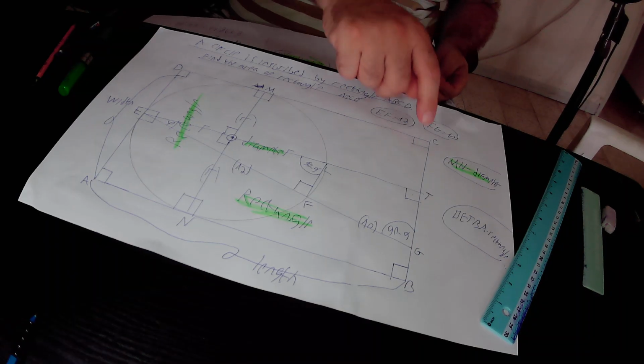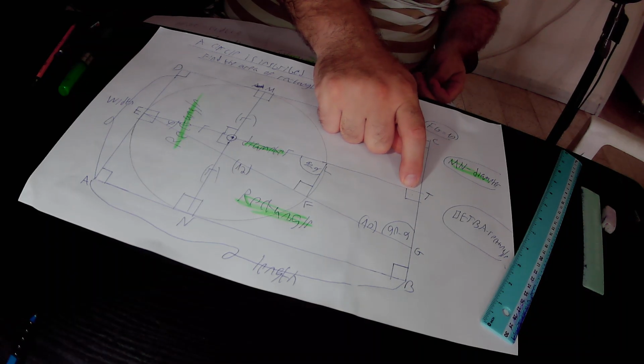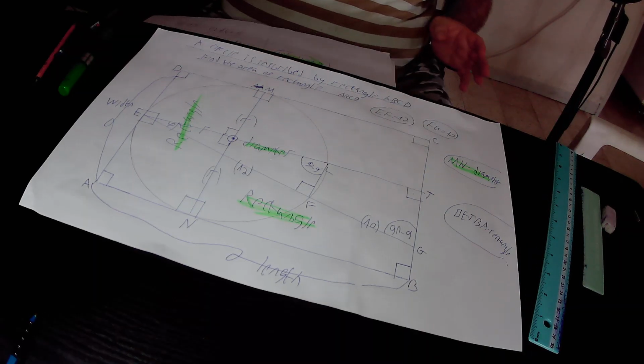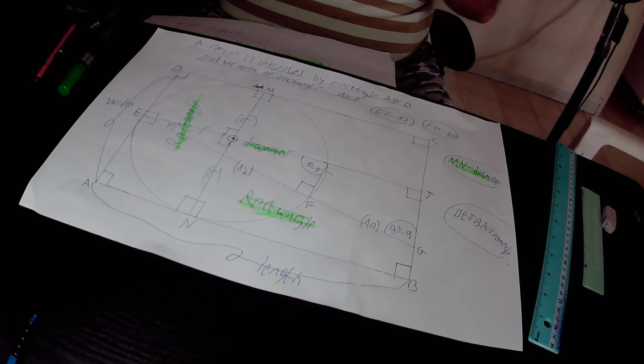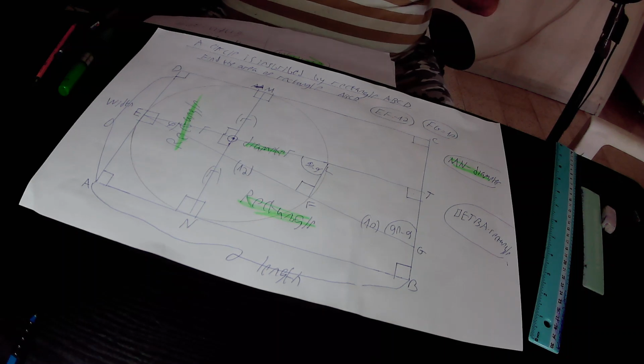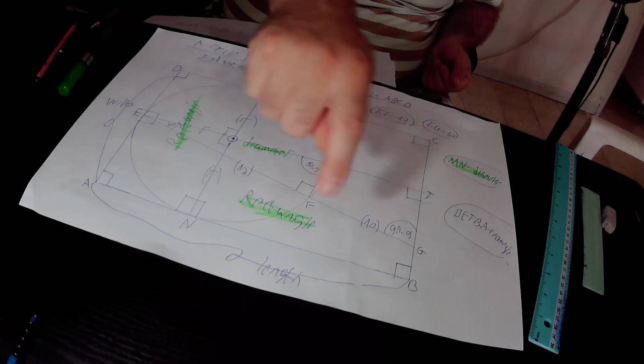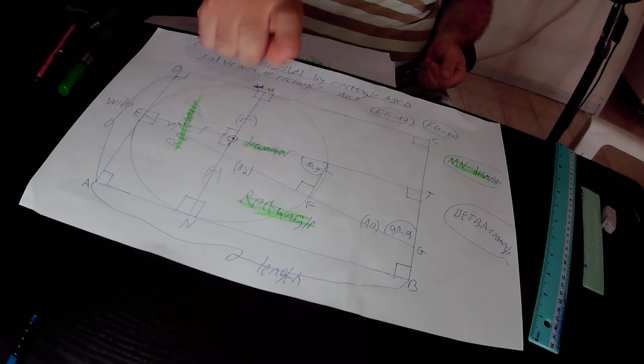Therefore, this fourth missing angle must be equal to 90 degrees. So inside quadrangle ETBA, we have 4 right angles, and according to rule 5, any quadrangle that has 4 right angles must be a rectangle if not a square. So we write that the big quadrangle ETBA is a rectangle because it has 4 right angles.